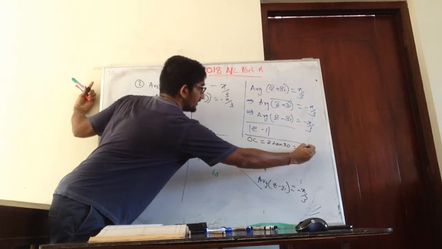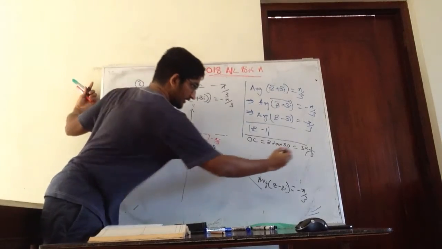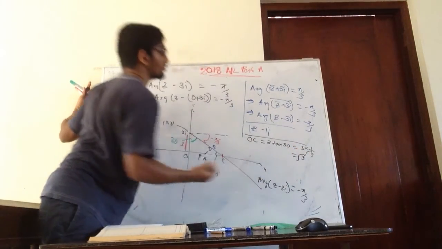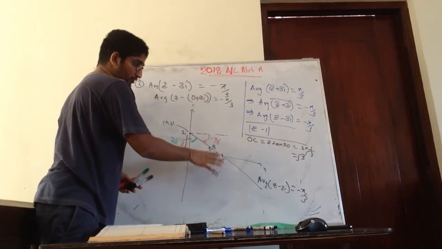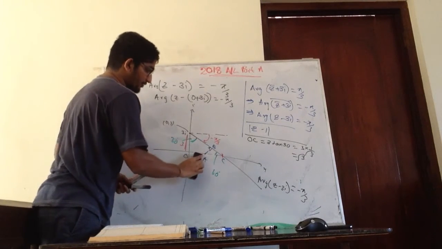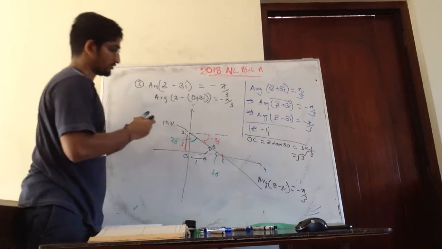That is 3 times 1 over root 3. So you will get that as square root 3. Okay. So you know OC, and you know that this value is 1, no?